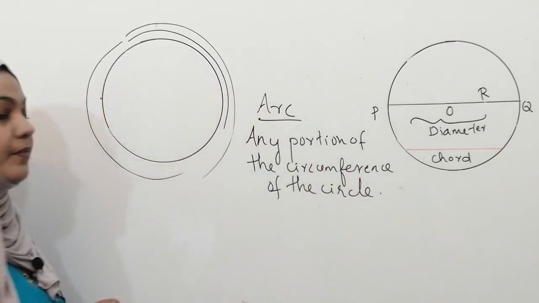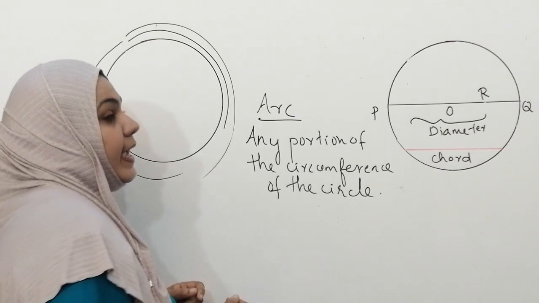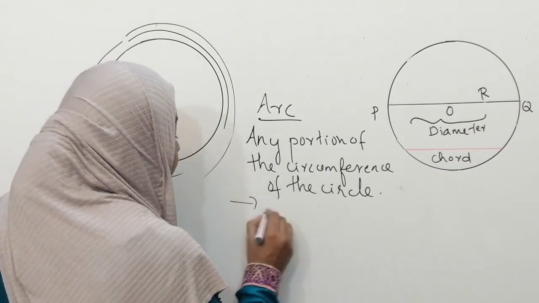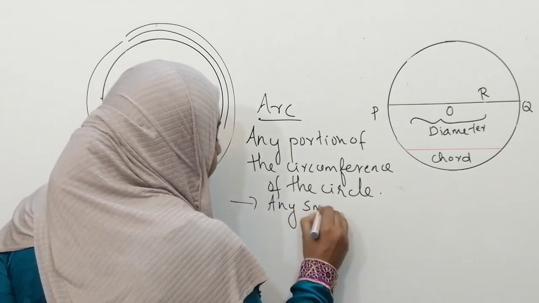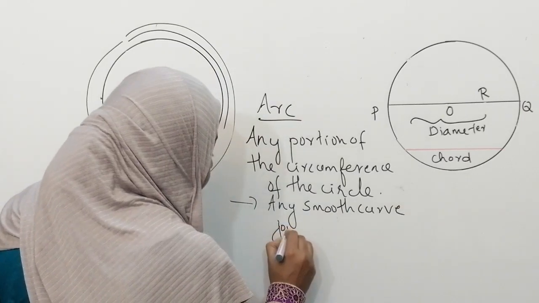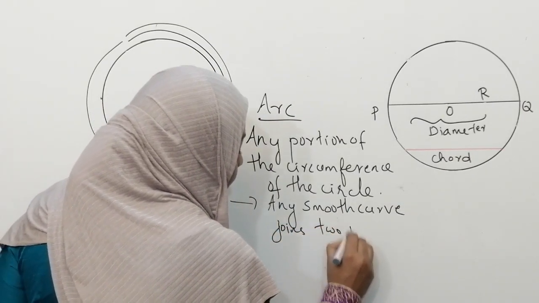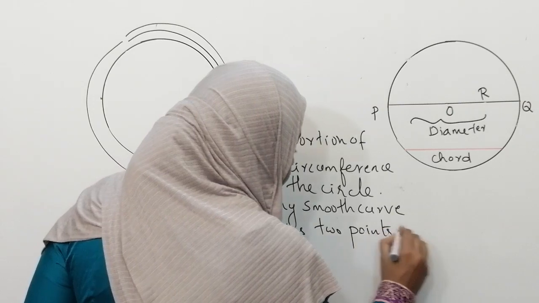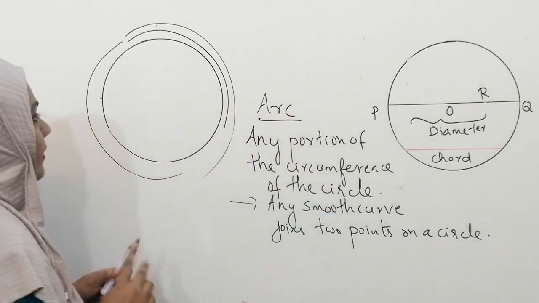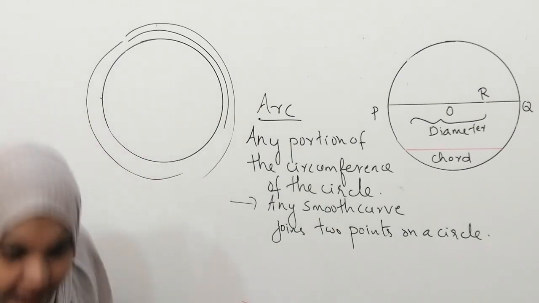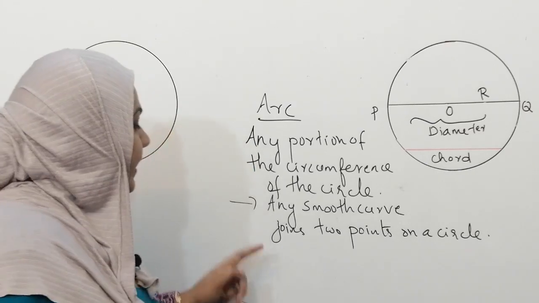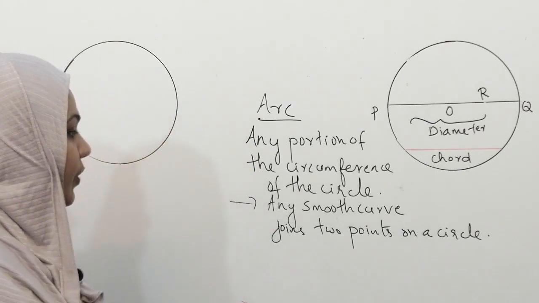Or we can say any smooth curve joins two points on a circle. So, now we can draw what is arc. We said any smooth curve joins two points on a circle.